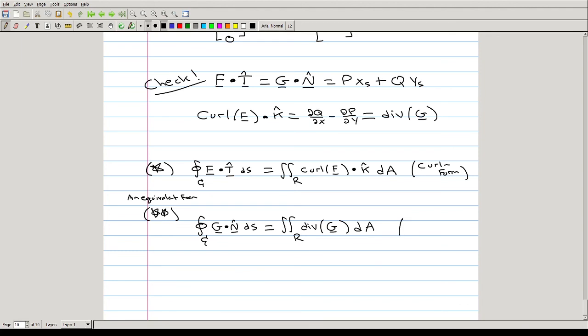This is sometimes called the divergence form of Green's theorem.